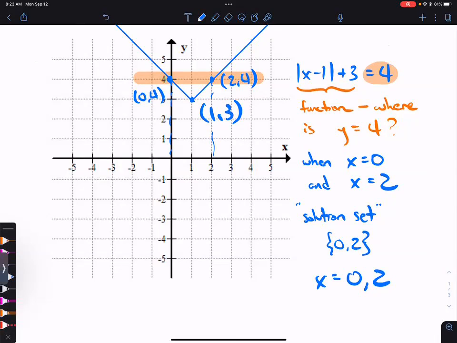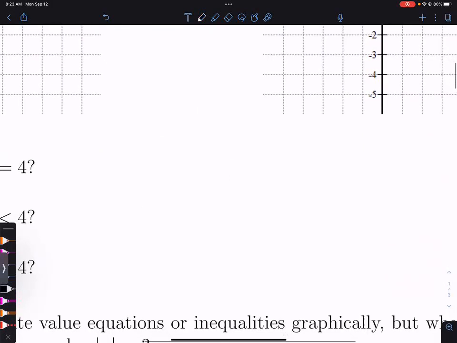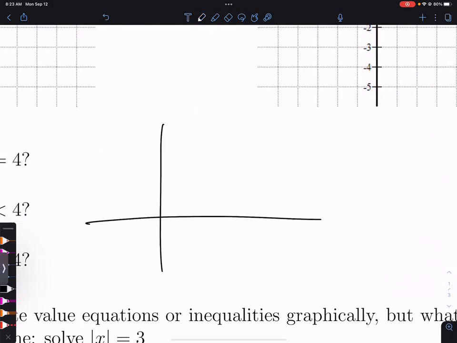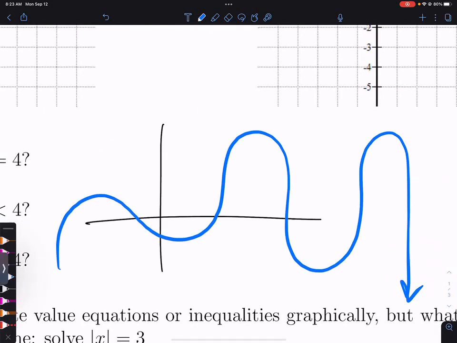It doesn't care what kind of equation it is, right? That could be an absolute value, it could be a parabola, it could be any kind of graph in the whole universe. Some weirdo, bizarre thing I've never seen before, right? This is the graph of y equals f of x.